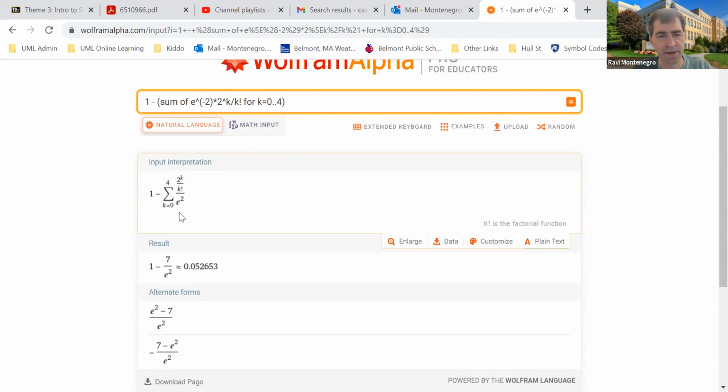So it tells us about a 5% chance, 0.05. Wait a minute while I switch back to the tablet.